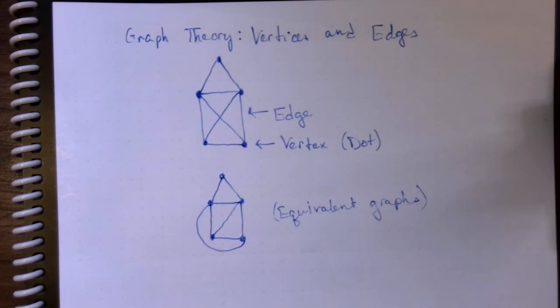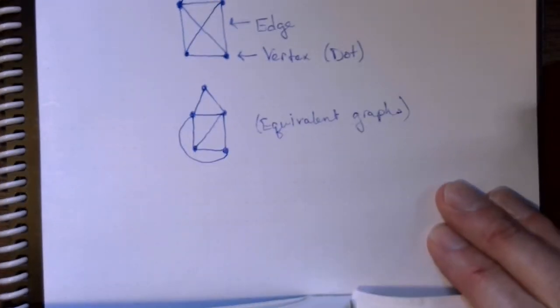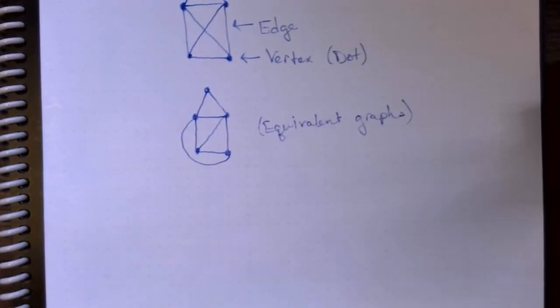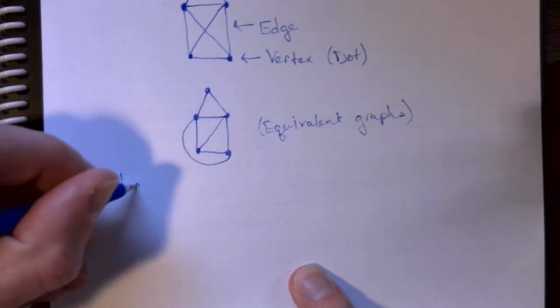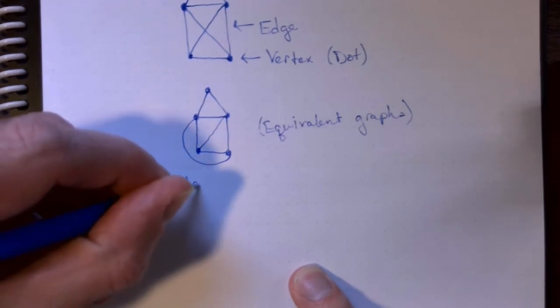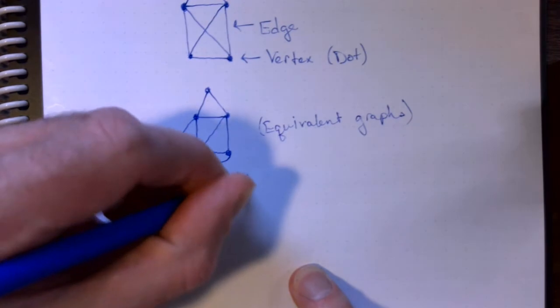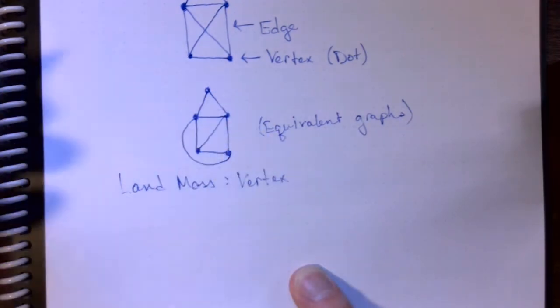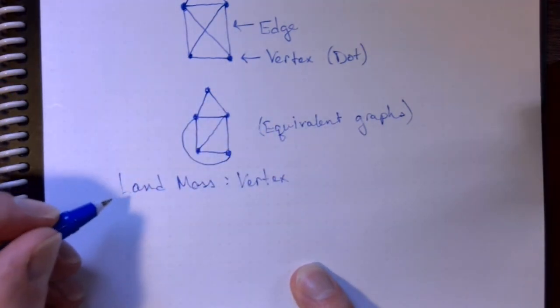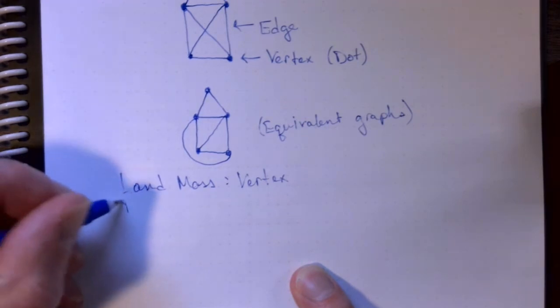All right. So back to the Konigsberg bridges problem. What Euler did was he represented that situation in the city of Konigsberg by taking every landmass and making it a vertex. Whether it's a shore or an island, we're going to represent it as a dot in our picture.